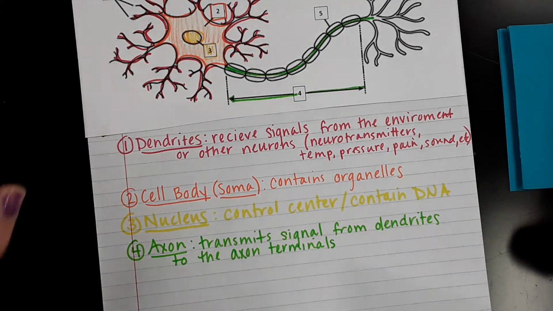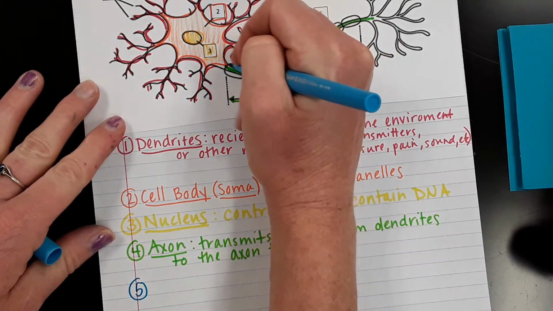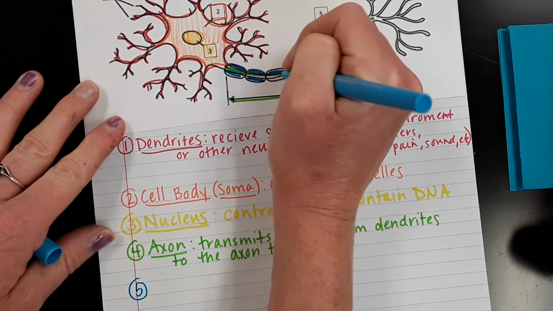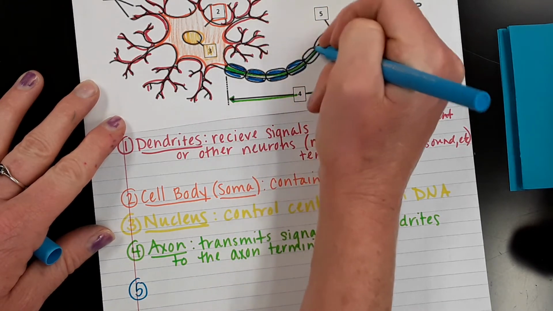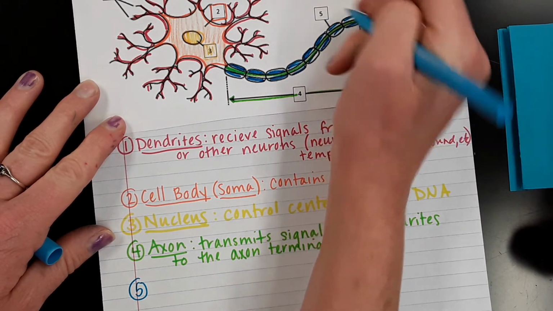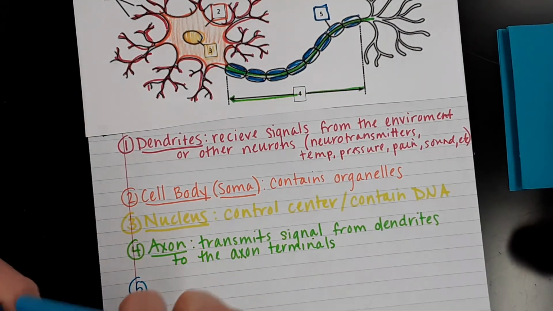All right, the next structure on here is going to be the myelin sheath. And so the myelin sheath are going to be these little, they're actually individual little cells that I'm coloring blue here. And they're little cells that wrap around the axon and they insulate it. And when they insulate the axon, it makes the nerve potential move faster.